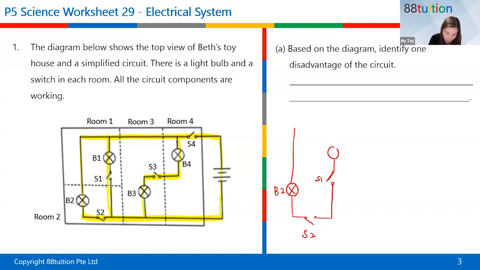And then this is B1. Then, okay. If I pull the wires straight, can you see that? I'm just redrawing here now. It looks like this. Can y'all see? I just pull the wire straight. All right.